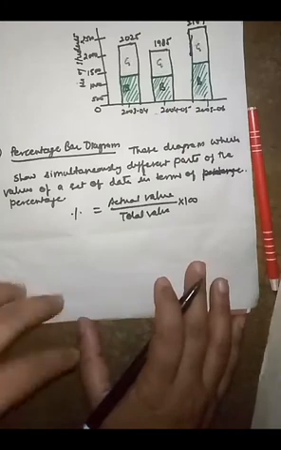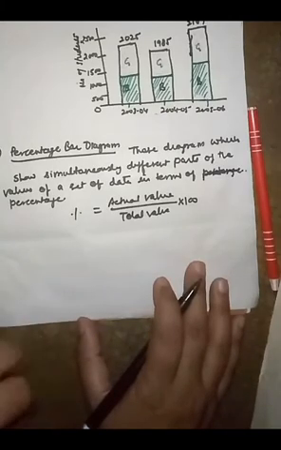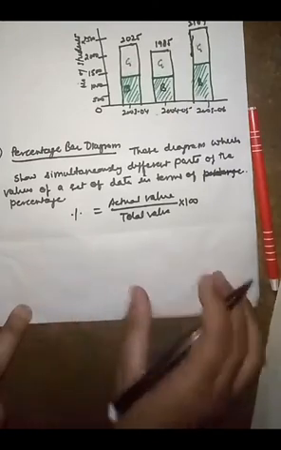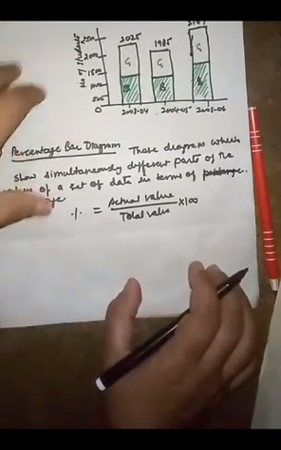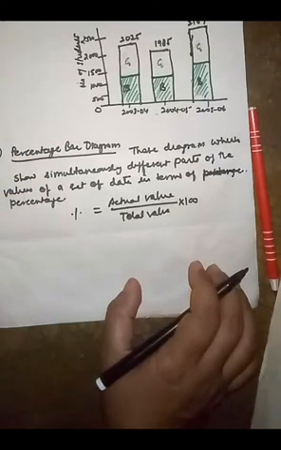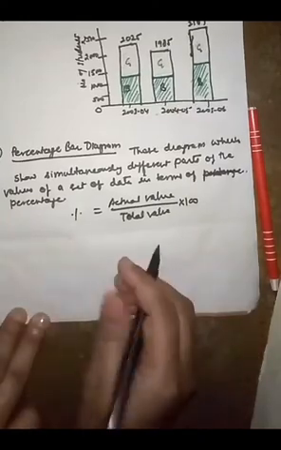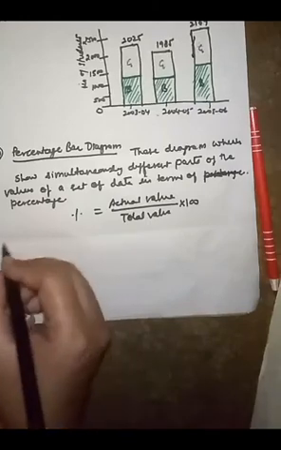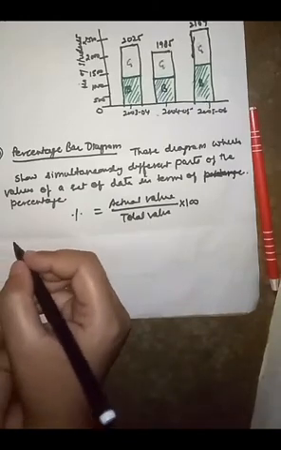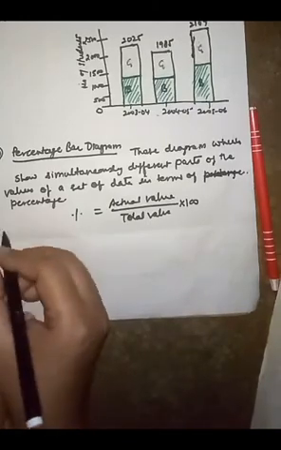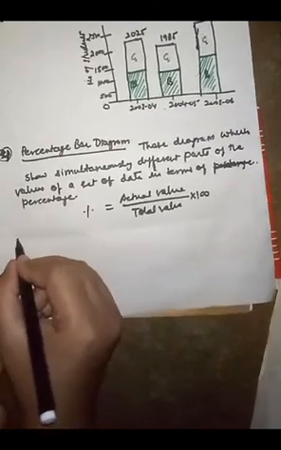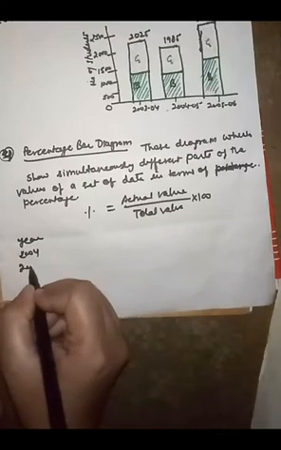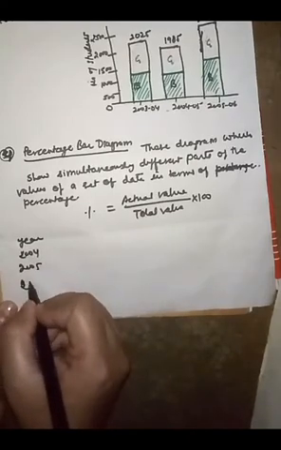So I have taken one example. Let's suppose I have taken year-wise data of number of students. Let's consider the data: years 2004, 2005, 2006.